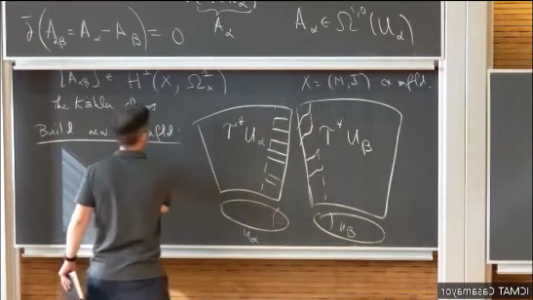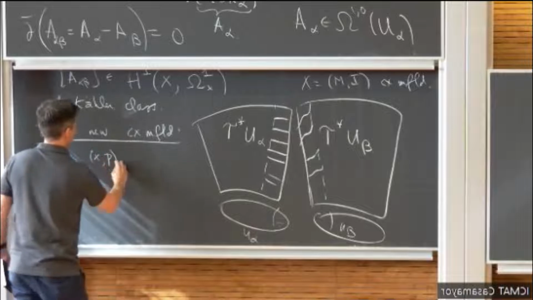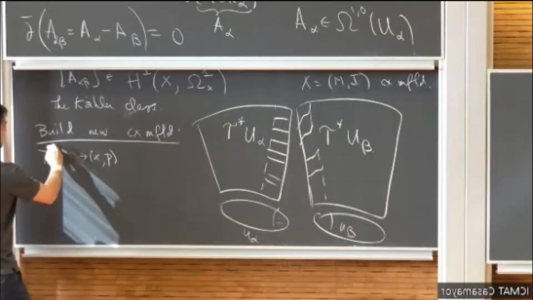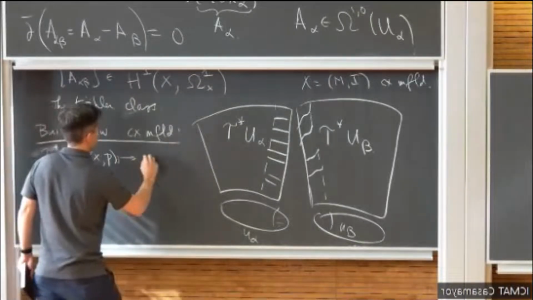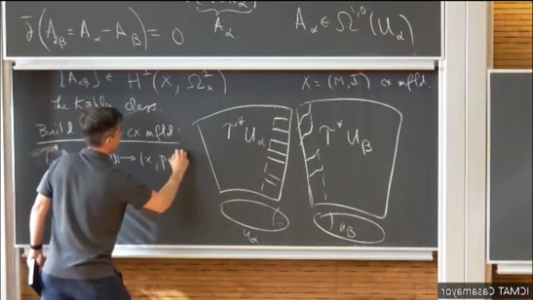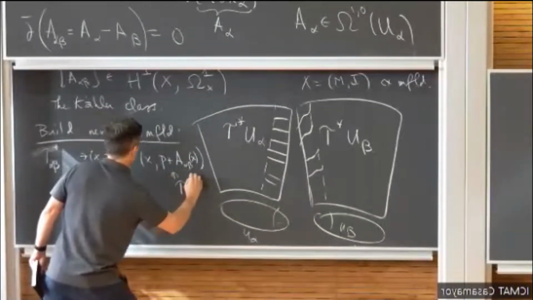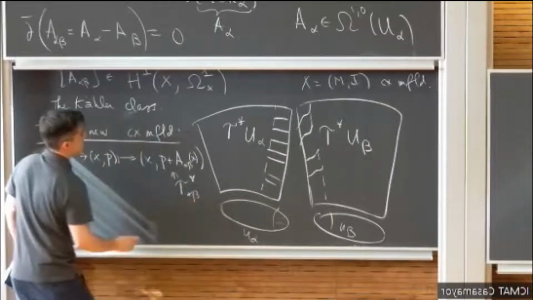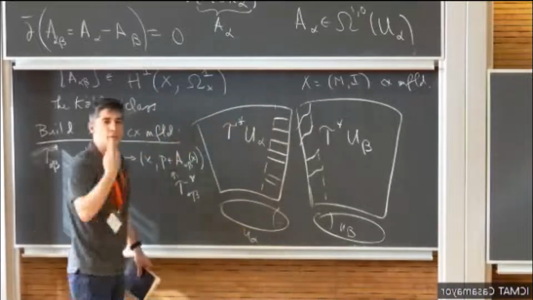The gluing map is that if I take xp in T star alpha beta, I'm going to glue it to xp plus A alpha beta of x, and this will be inside T star beta. So I'm gluing this to this, but with a vertical translation.